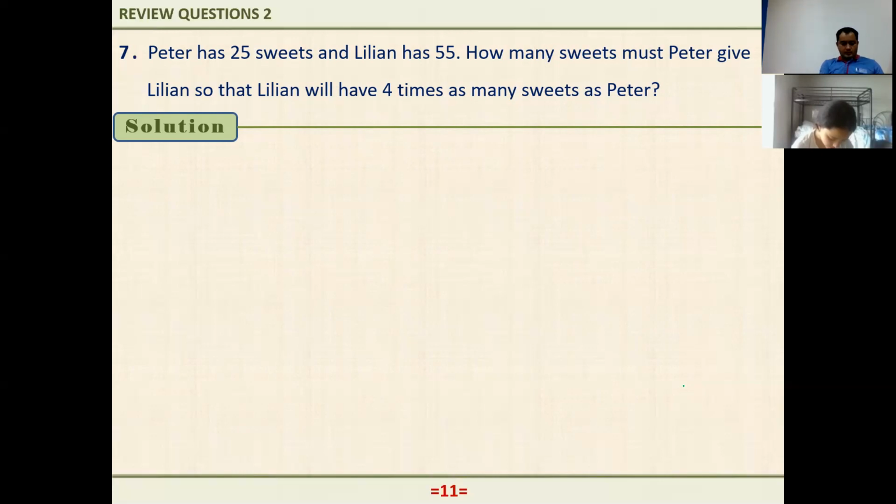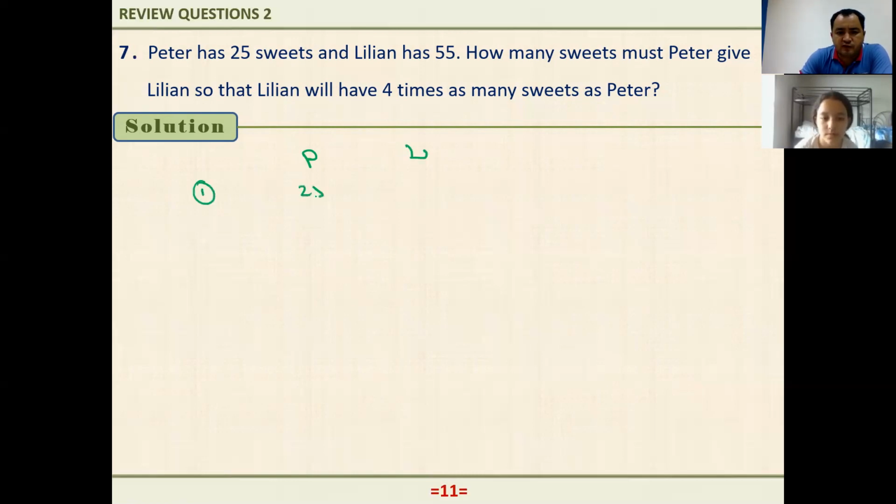That is, so she's 55, right? 35? 55. 55. Look, Shahina, here we are talking about two people. The first one is Peter. Second one is Lilian. So initially, the first case, right?